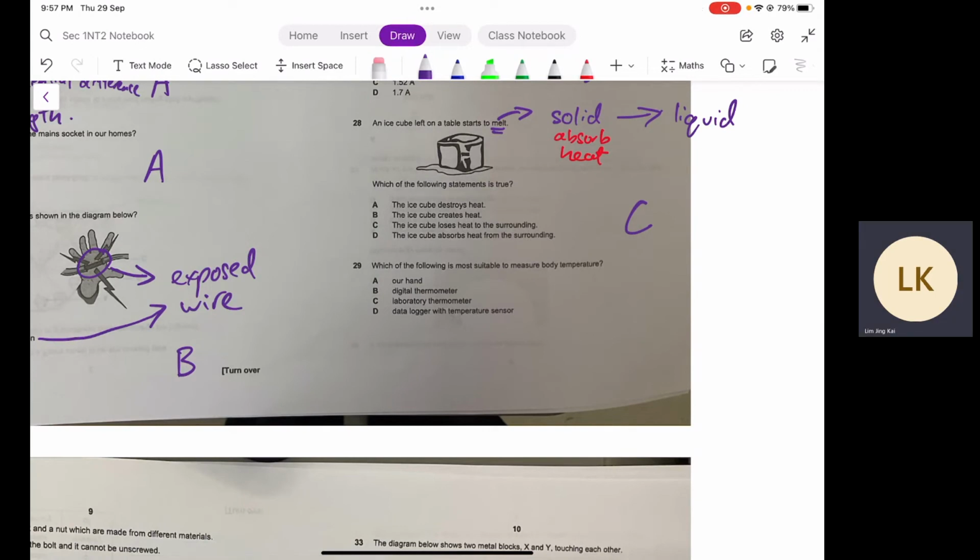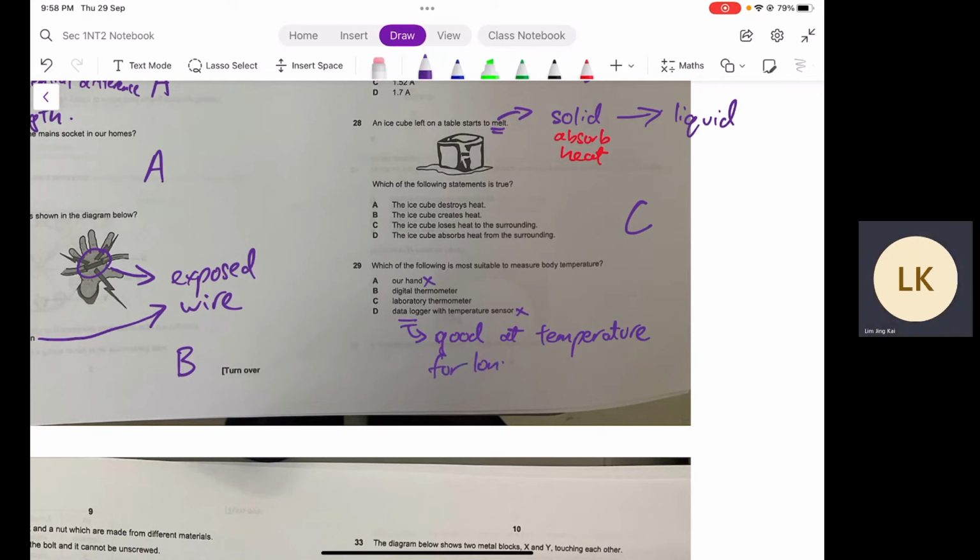29, which of the following is most suitable to measure the body temperature? When you talk about measuring body temperature, our hand is definitely not the best choice. The data logger is also not a good choice because a data logger is very good at measuring temperature for long periods of time.